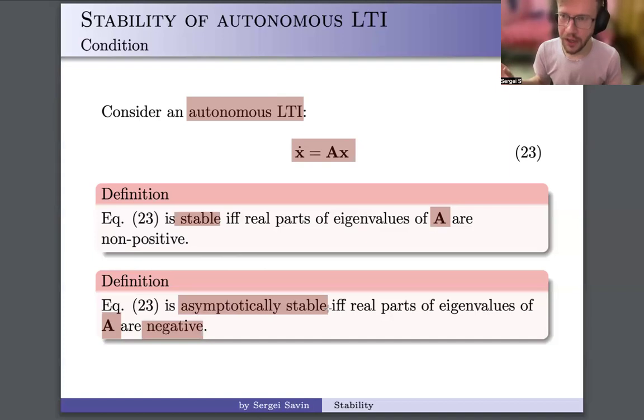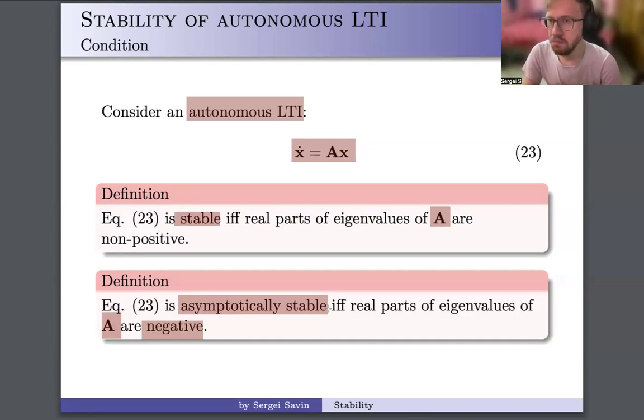And this is true for any matrix A, all right? It can have complex eigenvalues, it can have real eigenvalues. This definition holds. I say definition, but it is essentially a criterion. There are many ways to determine the stability of a system, many ways to determine how it's going to behave. This is just a criterion, but it is very useful.